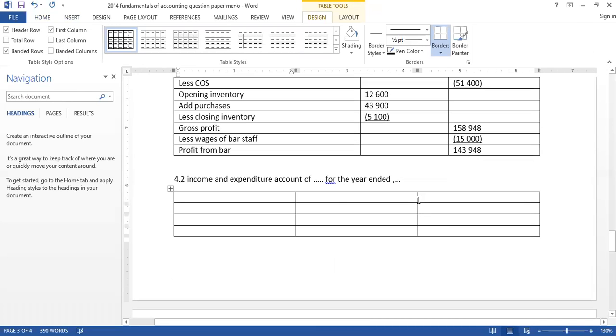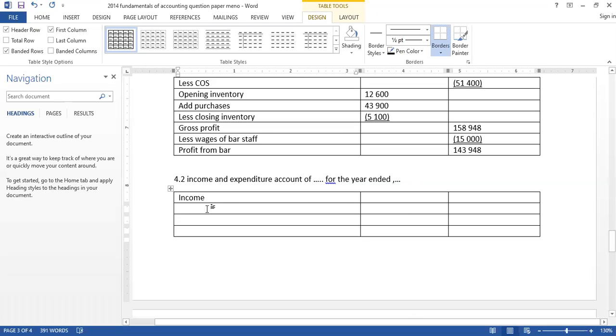So we draw up our income and expenditure account. Now, in the income and expenditure account, the first thing that you record is incomes. Okay, and then you list down all your income.